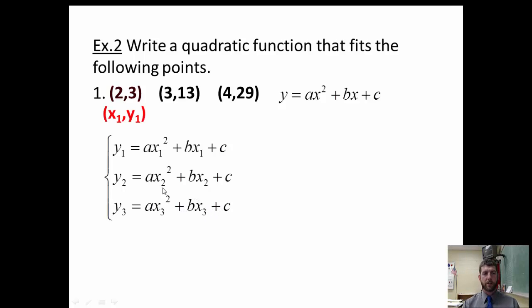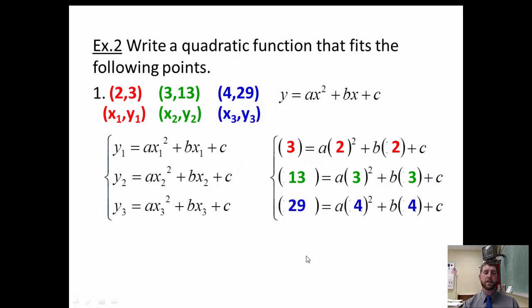So all we're going to be doing is taking our first point, that's x1, y1. Second point, that's x2, y2. Third point, that's x3, y3. We're going to put the first point into the first equation for the x's and y's, second point into the second equation, third point into the third equation. And we get something like this.